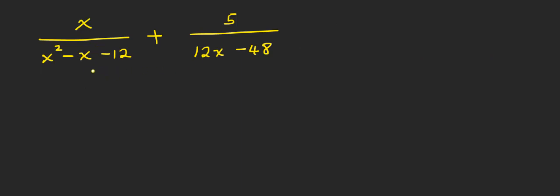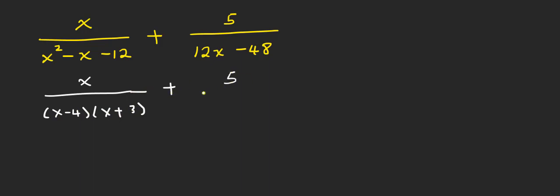In order to add this, let's factor the denominators first. So you got x over quantity x minus 4 times x plus 3 plus 5 over 12 times the quantity x minus 4. Now what is the LCD?